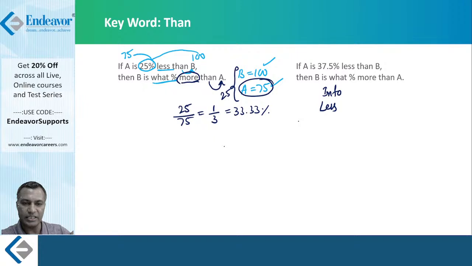So less is of the form x by y, let's say. Then more will be of the form x divided by y minus x. Less means write a symbol minus. Less is of the form x by y. More will be of the form x divided by y minus x. Don't change the numerator. Keep it as it is.